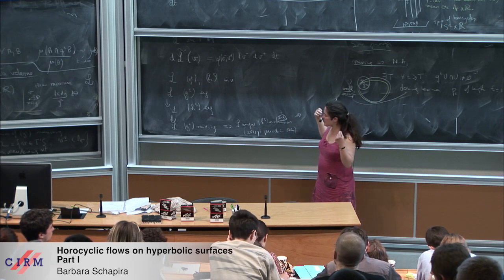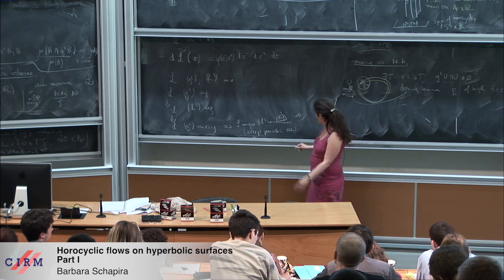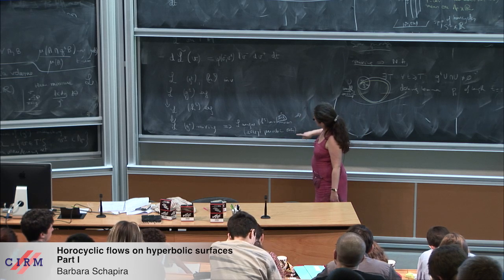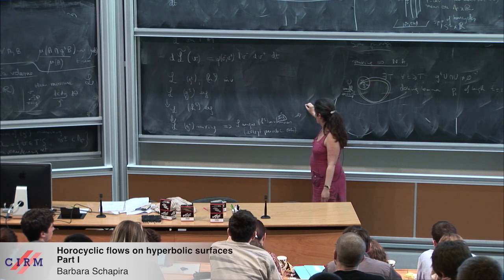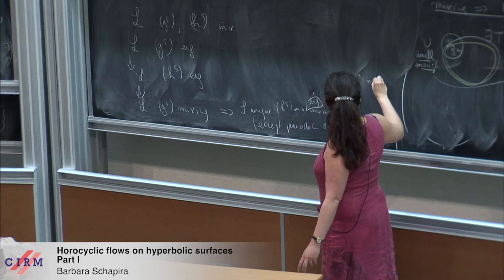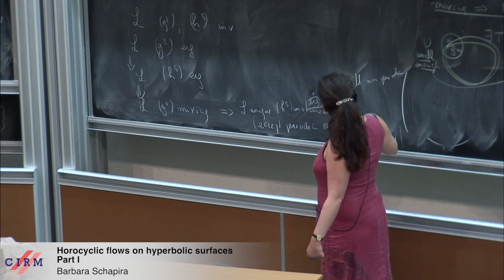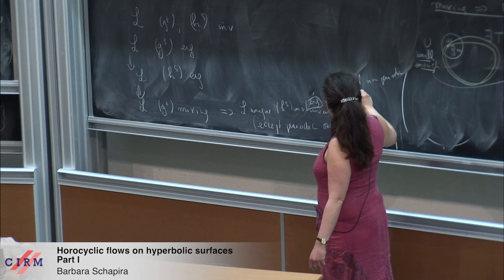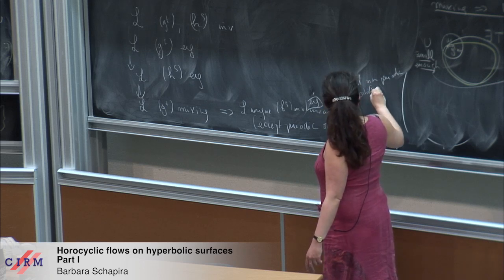It's essentially the unique interesting ergodic invariant measure. That's a true statement, even if it has no definition. And from this unique ergodicity result, one can deduce that all non-periodic orbits are equidistributed.